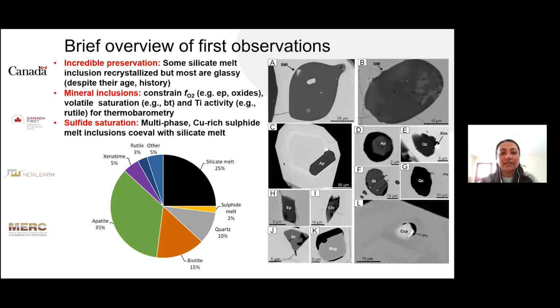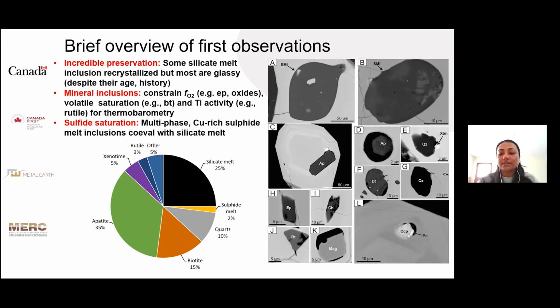As Jake mentioned earlier, these are important so we can use some of these minerals to constrain the oxygen fugacity, for example, epidotes and oxides. The biotite can be used to constrain volatile saturation, and we can use the rutile to constrain titanium activity, which can be used for zircon thermobarometry.